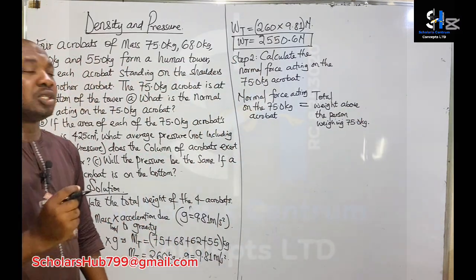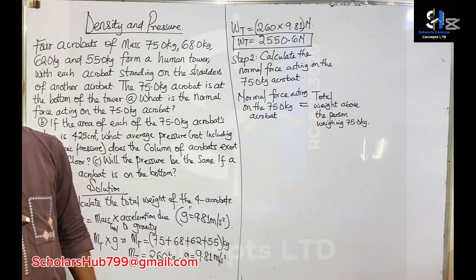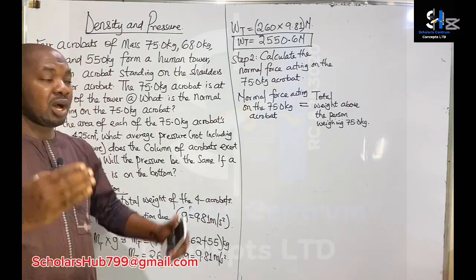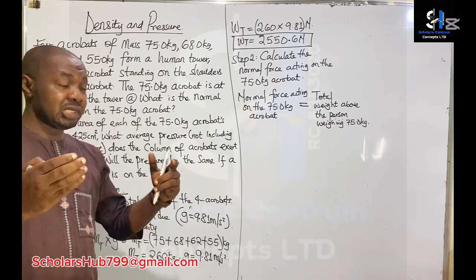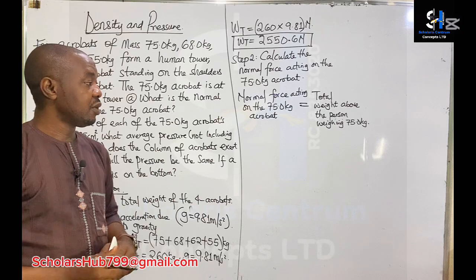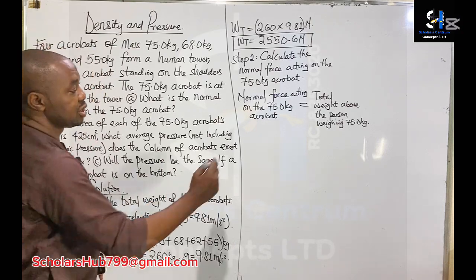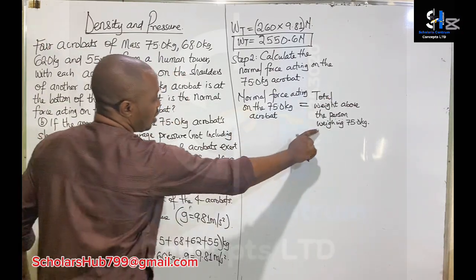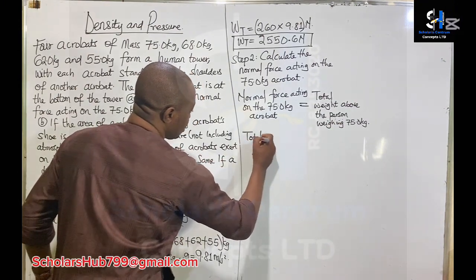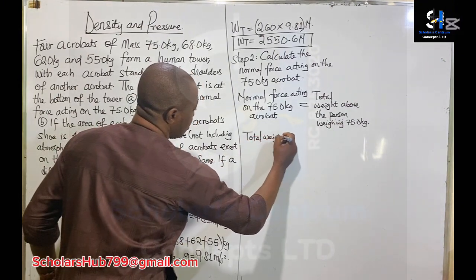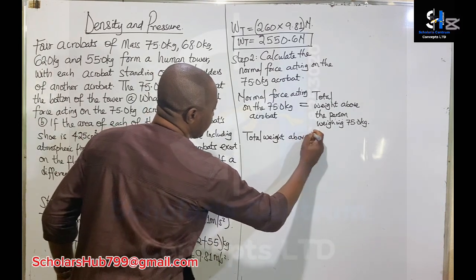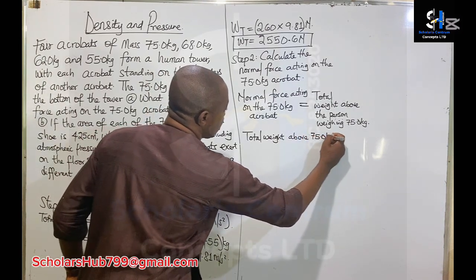That means the normal force acting on the 75.0 kilogram acrobat will be the total weight above the person weighing this mass, that is 75.0 kilograms.